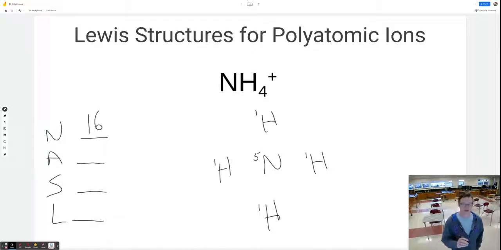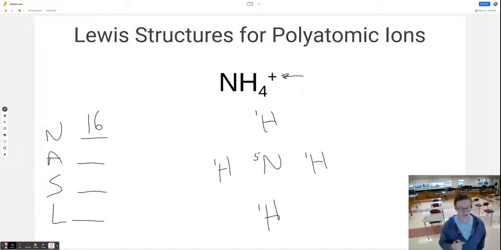But what we have to take into account here is that this group of atoms has a charge of +1. And remember, the plus charge, positive charge, means that there are not as many electrons as normal. +1 means 1 electron is missing from this equation, literally.